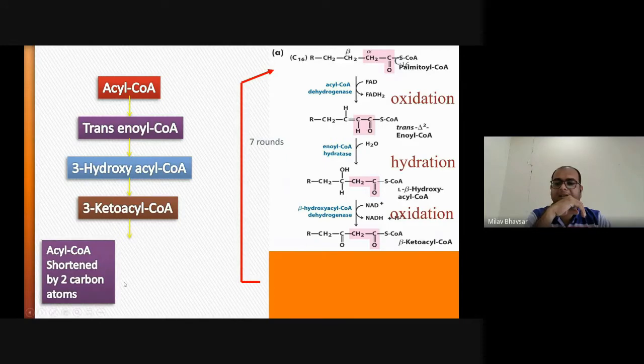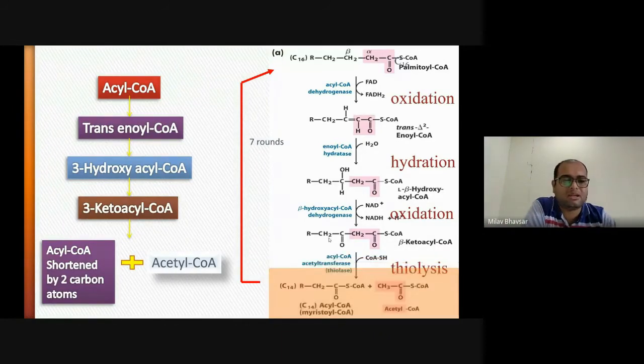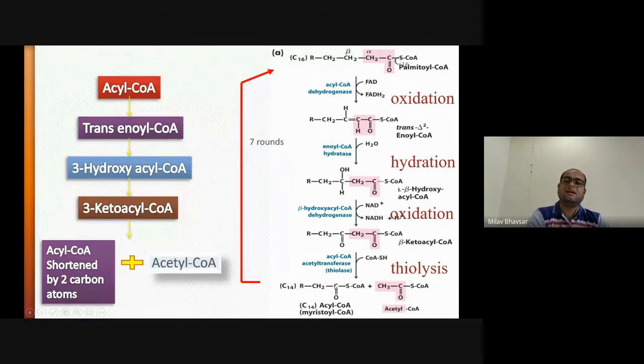And then the acyl CoA, which was initially there, is now shortened by two carbons, and one acetyl coenzyme A is liberated. What we are adding is CoASH, that is thiolysis. So now this component is liberated as acetyl coenzyme A, and this is remaining as a minus 2 carbon acyl coenzyme A.